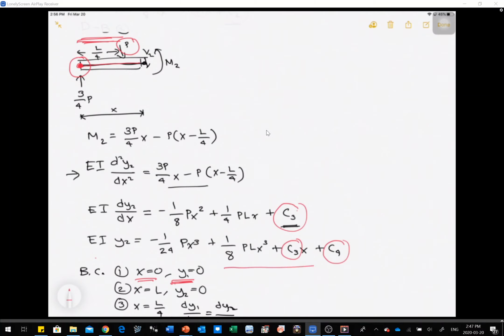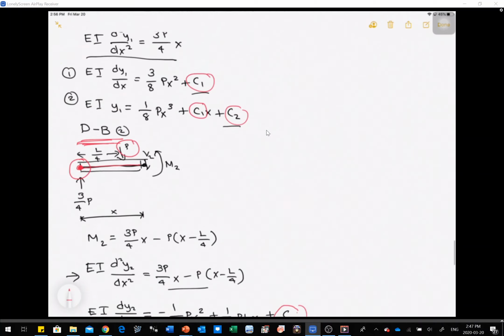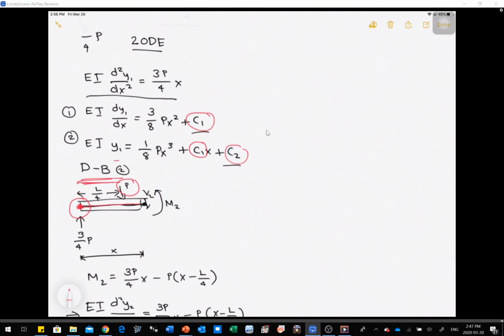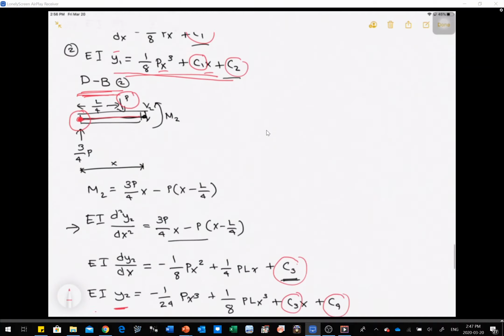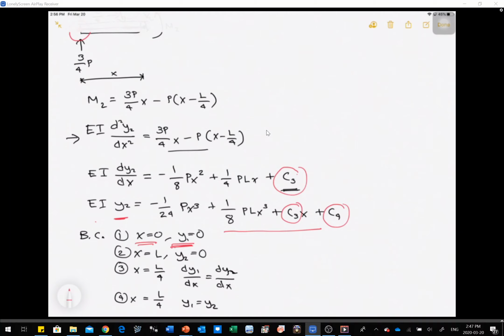We should not use this one because this is for y2. We have to move back here and use this equation right here. Now y1 is 0, x is equal to 0. That will lead us to C2 is equal to 0. So from this boundary condition, I could get C2 is equal to 0. Now one of the constants of integration has been solved.